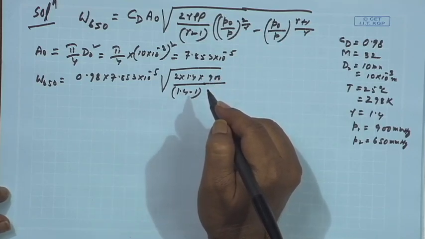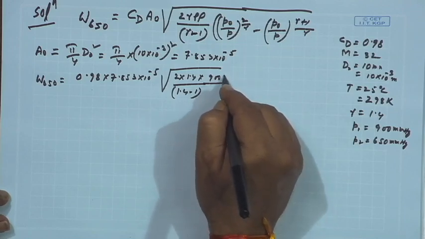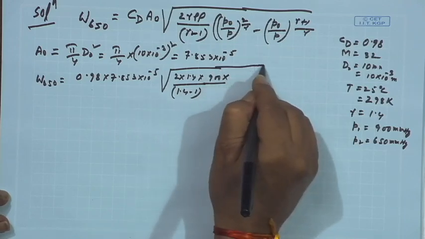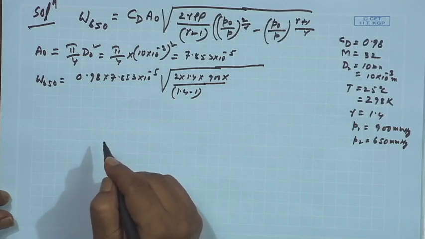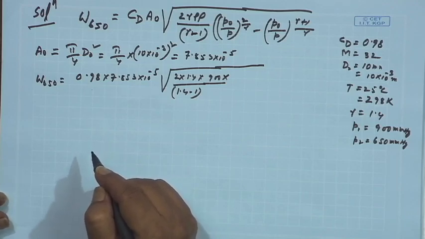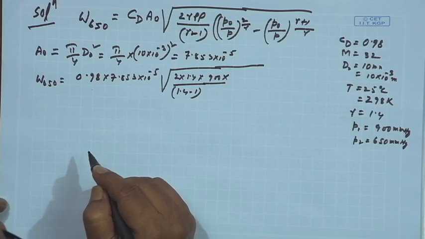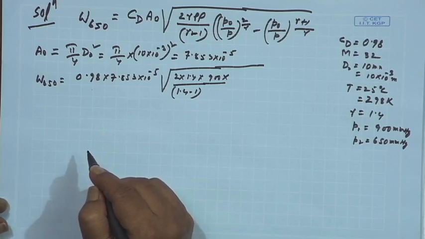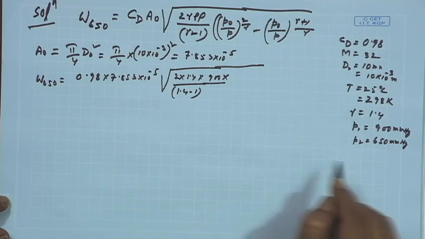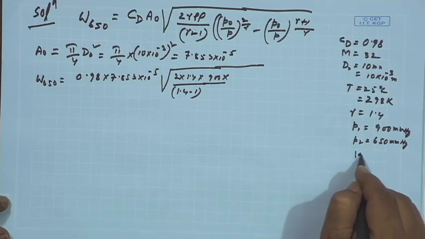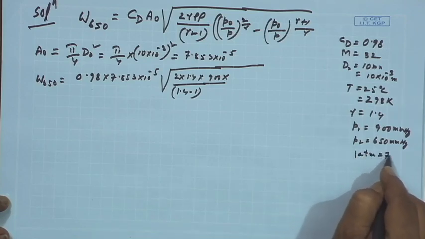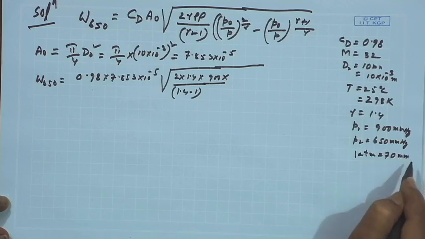Okay, and 900 millimeter of mercury. So it is 900 into 1 atmosphere is equals to 760 millimeter of mercury, right?